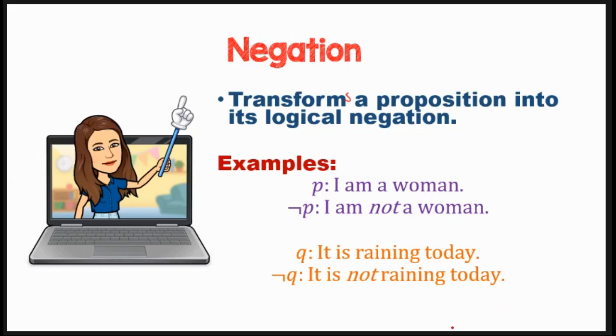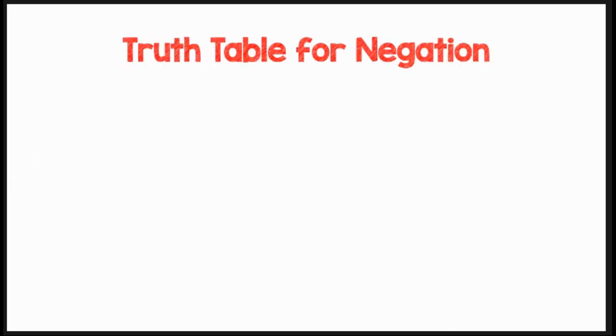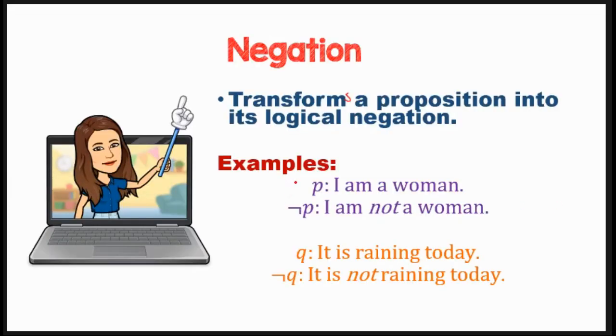Tapos, may mga pwede tayong gamitin na truth table for our operators. Tingnan natin tong P. If, for example, ako yung nagsabi ng statement, I am a woman, then the truth value of this statement is true.